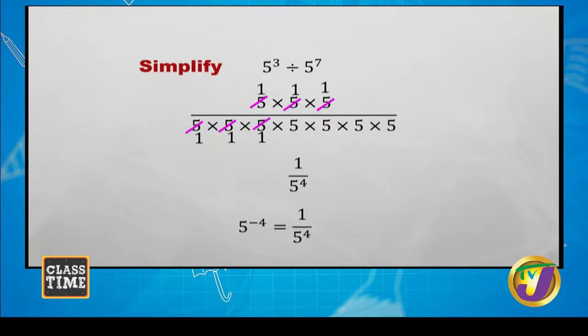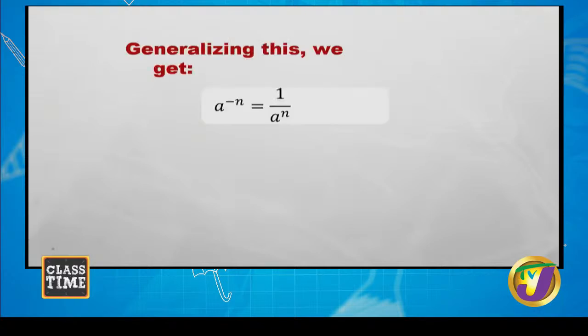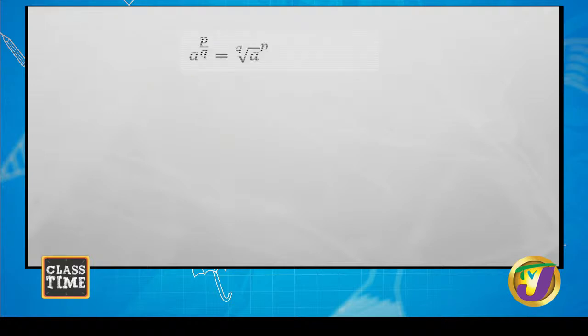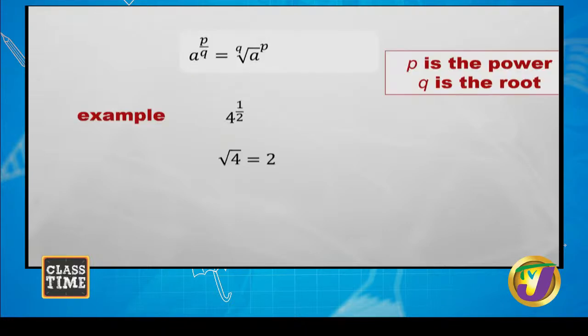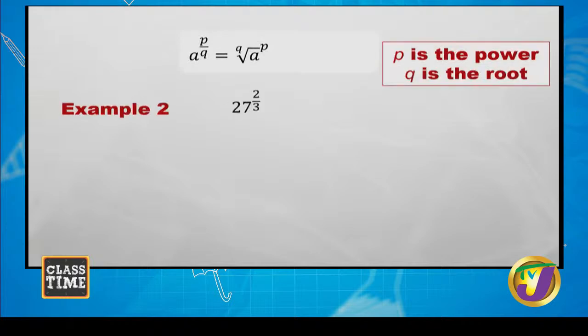So 5 raised to the negative 4th is the same as 1 divided by 5 to the 4th. And just to note, the negative exponent means that it appears in the denominator of a fraction. If you were to write it in a fractional representation, it would be in the denominator.